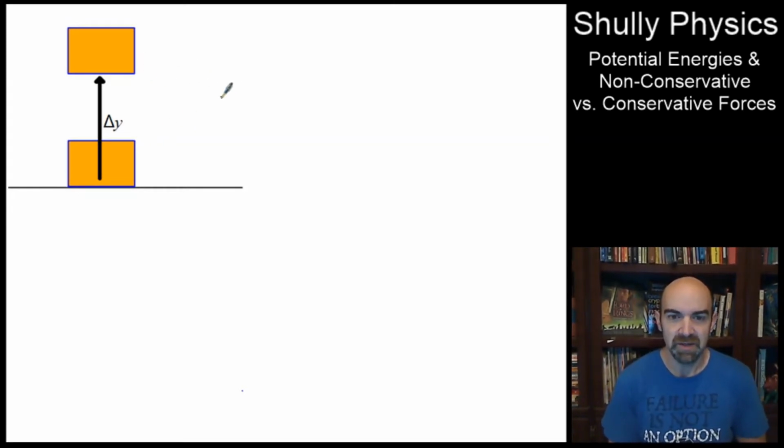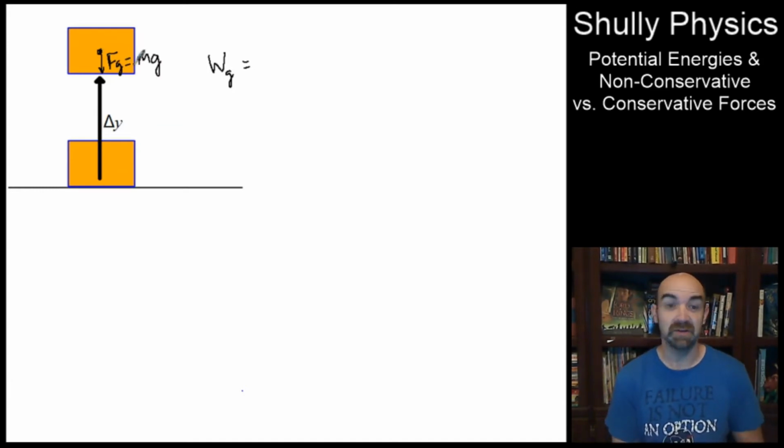Of course, that mysterious force is gravity. So the work done by gravity, when we lift it up, we've got a displacement upward, and that gravitational force is downward. Of course, it's of magnitude mg, whatever the mass of the object is, times 9.8. So we have a force associated with it. We've got a displacement. We also have an angle between those two vectors.